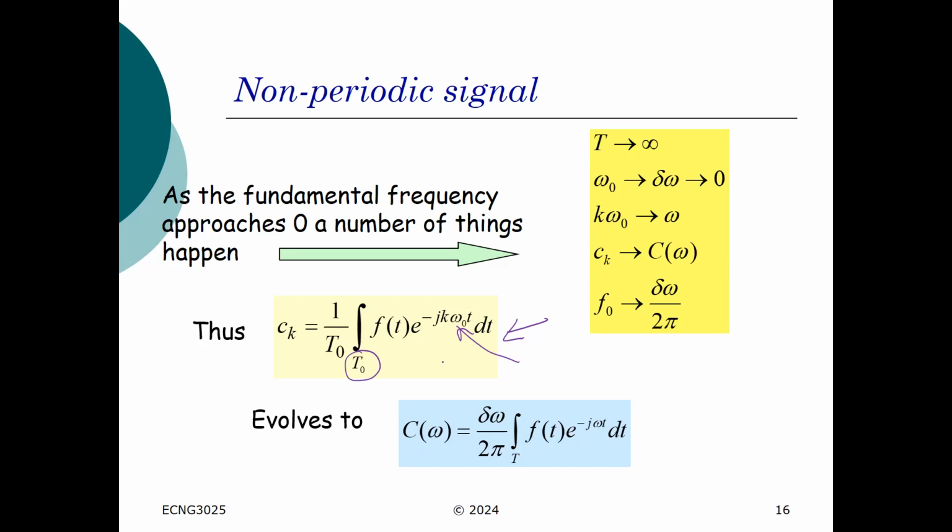And of course, the period now, because the fundamental frequency has dropped down to something very small, instead of this omega 0, the increment between everybody is delta omega now, right? We now have it as delta omega over 2 pi, and we get this expression looking like that.